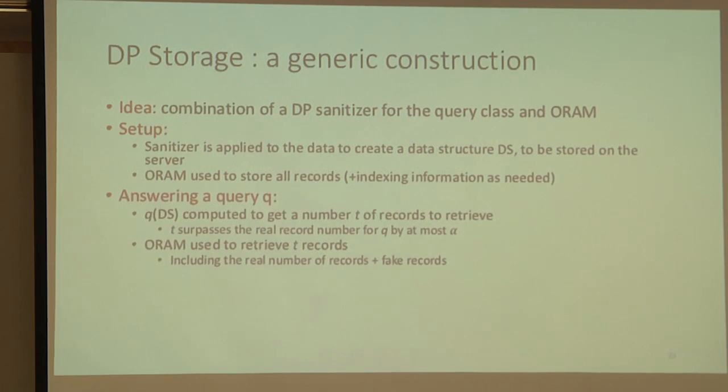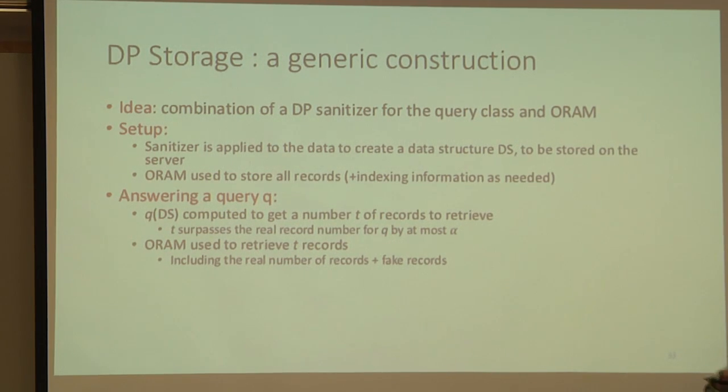So each time we want to answer a range query, we're going to check the differentially private data structure in order to see how many records we need to retrieve. And let's say for a specific query, we need to retrieve T records. Now, these T records have to be larger than the actual records we need to retrieve. So we're going to use ORAM in order to retrieve the actual records needed for the query.